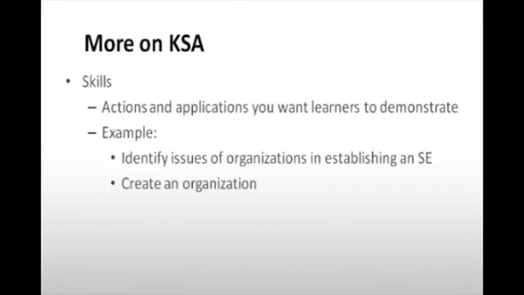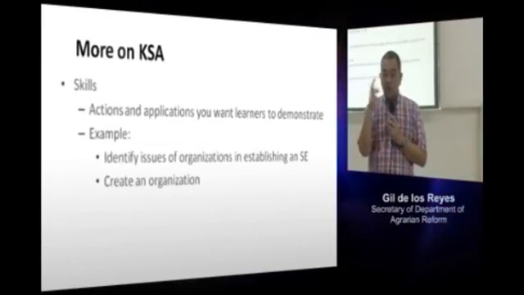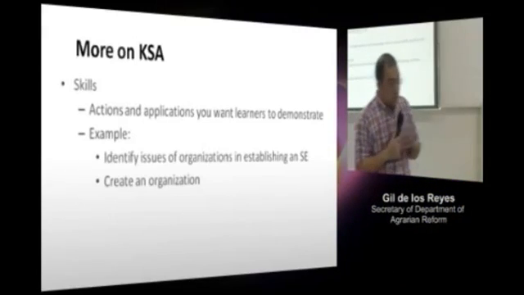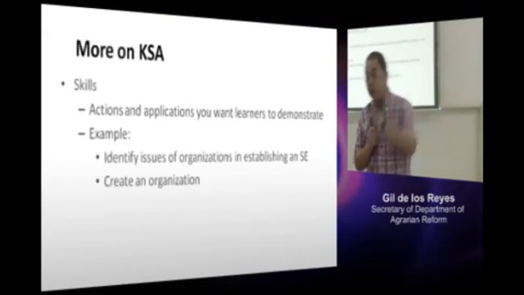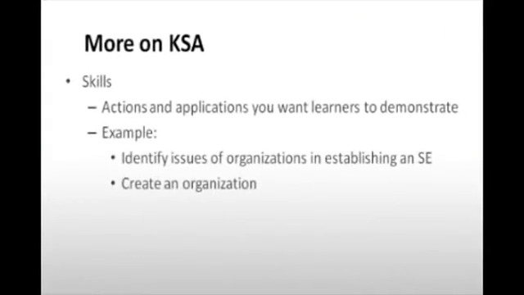When we talk about skills, simple: you want actions and applications that you want the learners to demonstrate. Remember, when you talk about knowledge, you want them to learn it, you want them to know it. The skills is something you want to be able to assess, whether or not that person can actually do this at the end of the course. So I want them to be able to identify issues for an organization, and better still, I want them to create an organization.